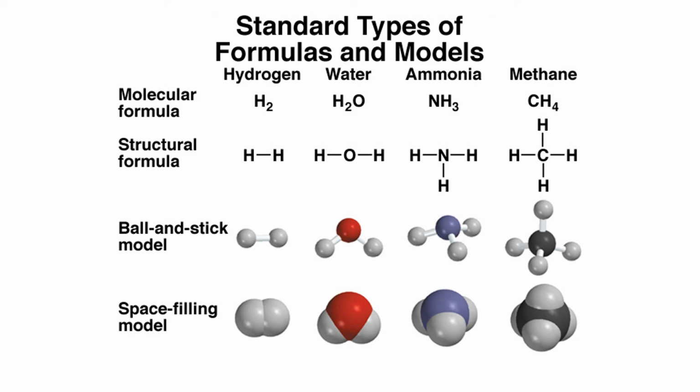It doesn't tell us anything about their bonding or how they're attached to one another. So in order to show that, we can use something called a structural formula. This indicates where the electrons are being shared between the atoms, so we see how they're bonded together.